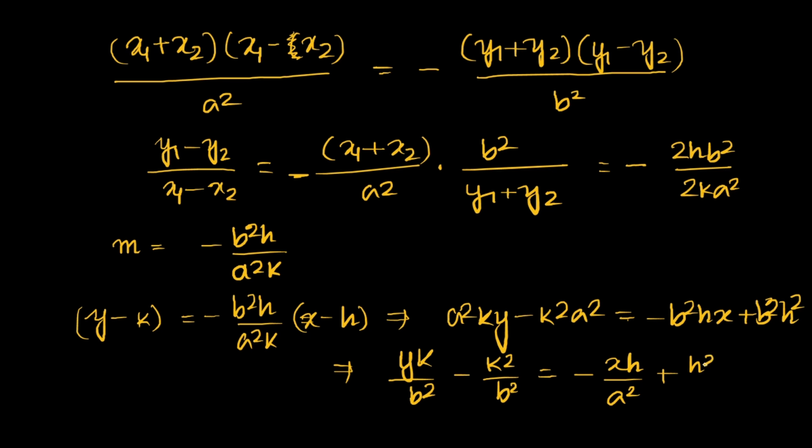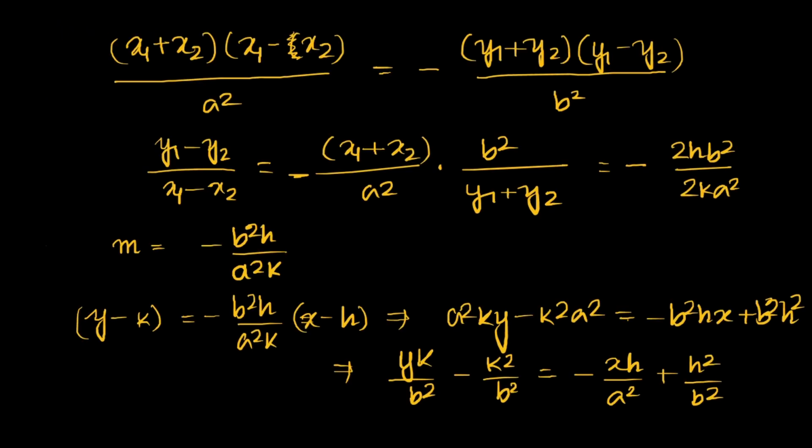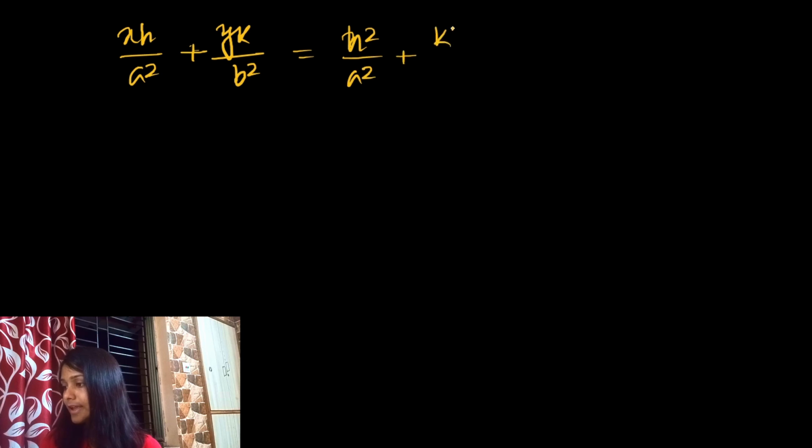So from here, if we take this term to the left hand side and this term to the right hand side, we will get xh by a square plus yk by b square equals h square by a square plus k square by b square.